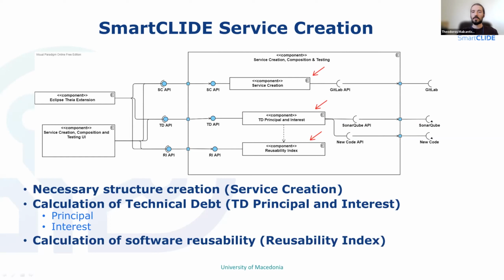We'll talk more about this in a little bit. And the calculation of software reusability. Since the central user interface when writing code is the development tool itself, we have integrated these functions into it via extensions. So now let's try and see it in action.